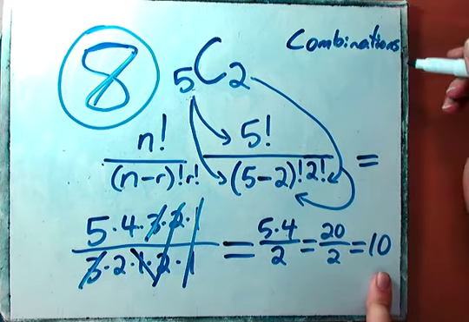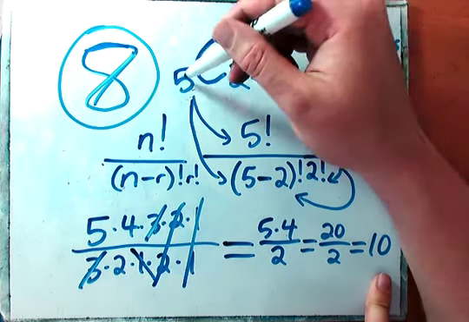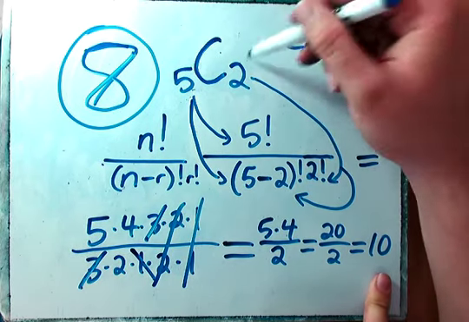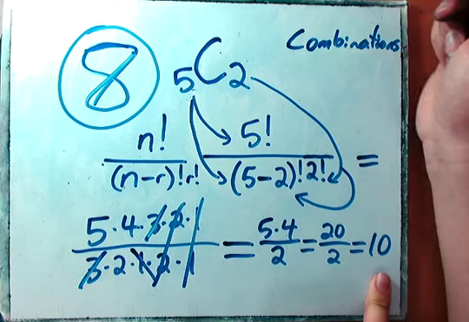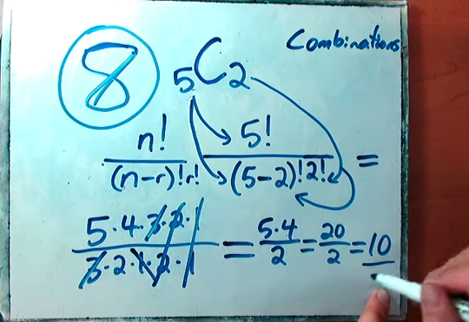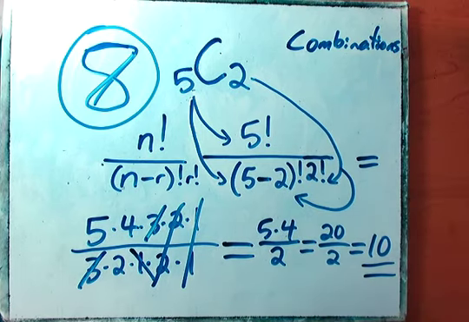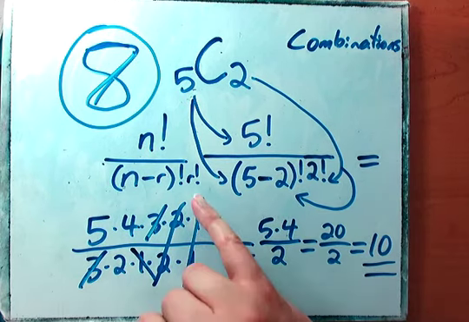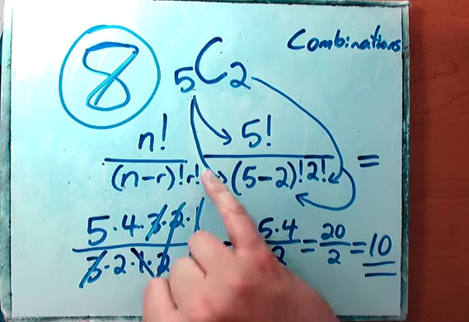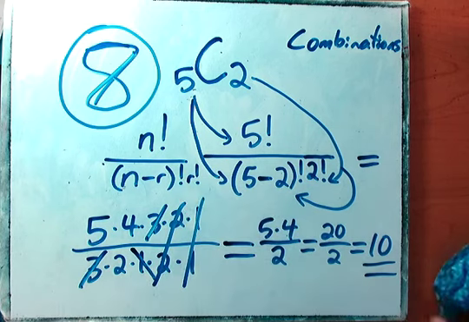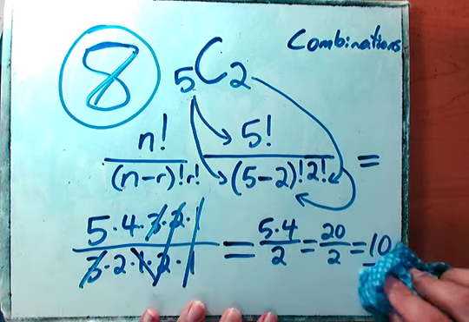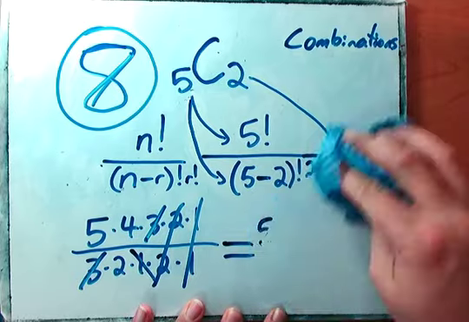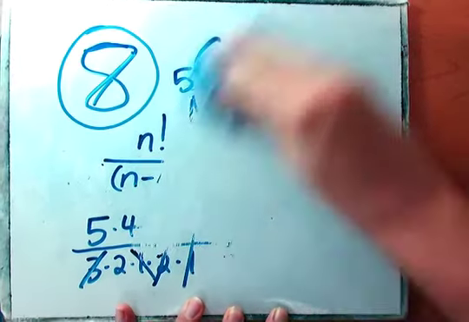That's how many combinations there are when you have 5 things and you want to choose 2 of them. So the final answer you should get here is 10. Again, P and C are so similar except for this R factorial on the bottom. And then the math, you just got to divide through. So that's question 8.